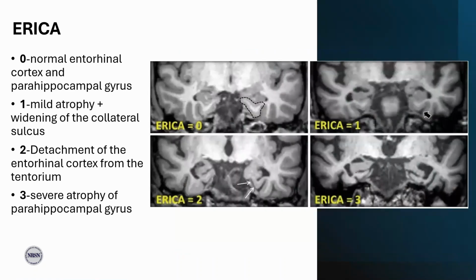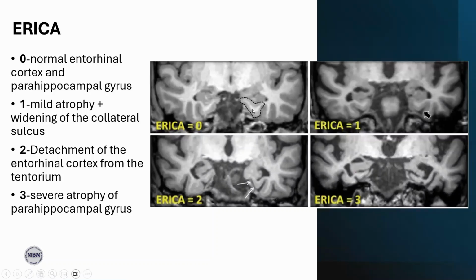Now, the ERICA score just tries to explain that neurodegeneration actually starts in the entorhinal cortex before it gets all the way to the parahippocampal gyrus and affects the hippocampus. So if there are volumetric changes, we should start seeing them in the entorhinal cortex.